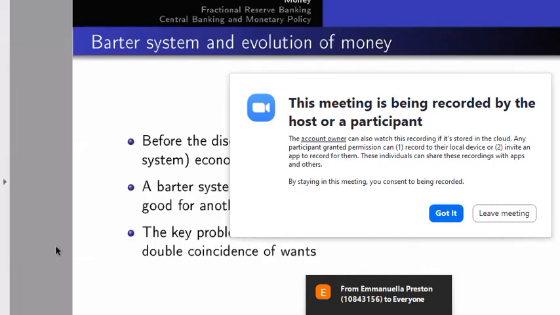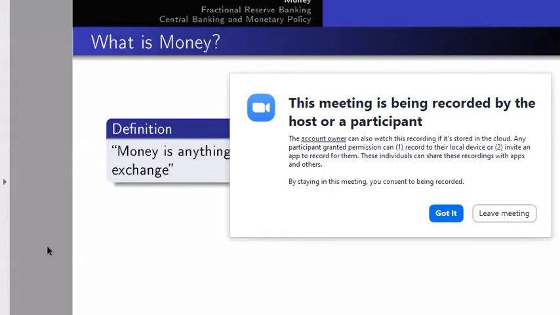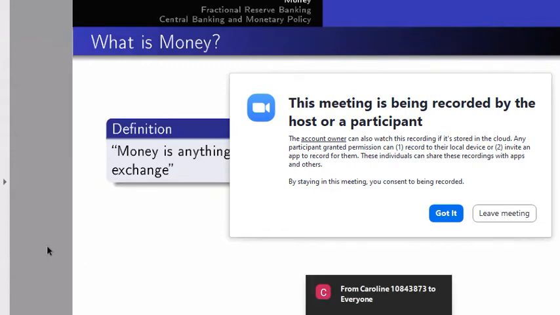Then there was the problem of the barter system. The key problem that made barter inefficient was the double coincidence of wants. How do I find somebody who has a bottle of beer to exchange with my bottle of Avaro? There were huge issues with it. Then it came: can we look for something that can be a unit of exchange?